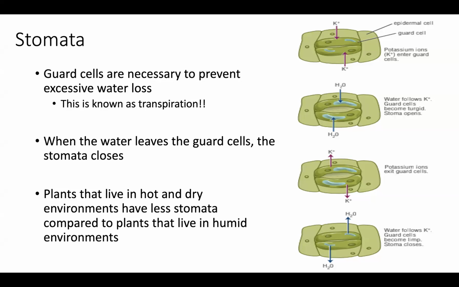You wouldn't want to have a bunch of windows that are open. You'd want to close all of your windows and possibly reduce the amount of windows that you have, just to keep the heat in and to keep the cold out.